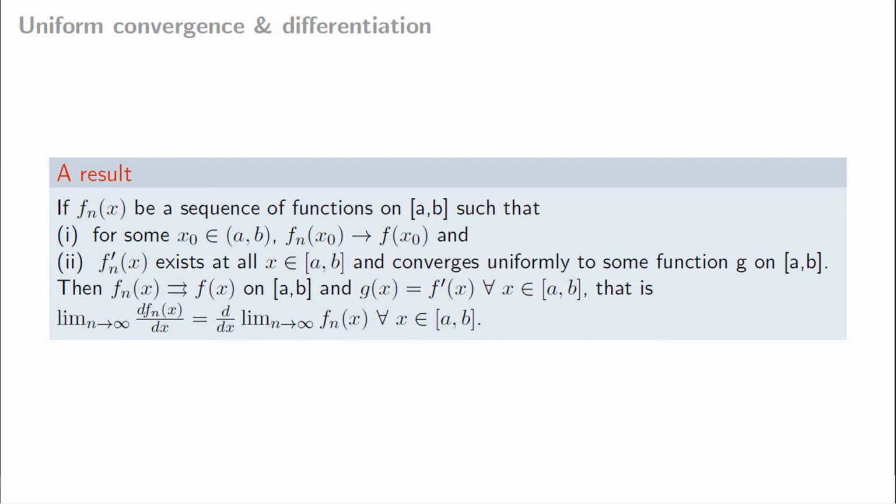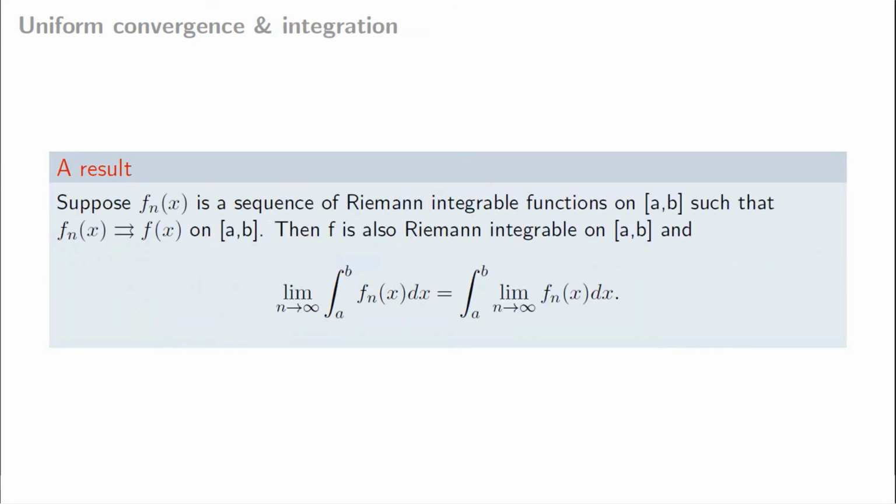Then fn(x) converges uniformly to f(x) on [a, b], and g(x) is f dash x for all x belonging to [a, b]. That is, the limit of the derivative of fn(x) is the same as the derivative of the limit of fn(x) for every x belonging to [a, b]. As a consequence of uniform convergence, differentiation and limit operations become interchangeable.